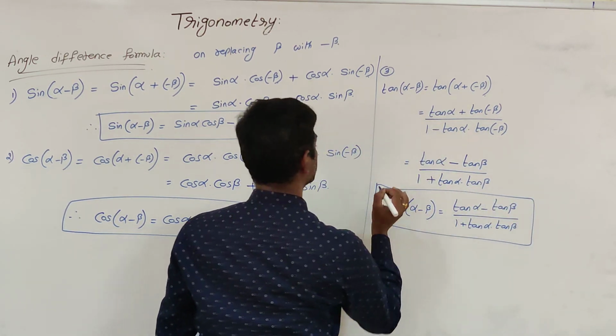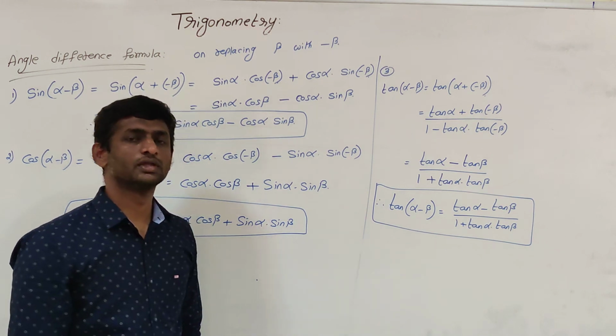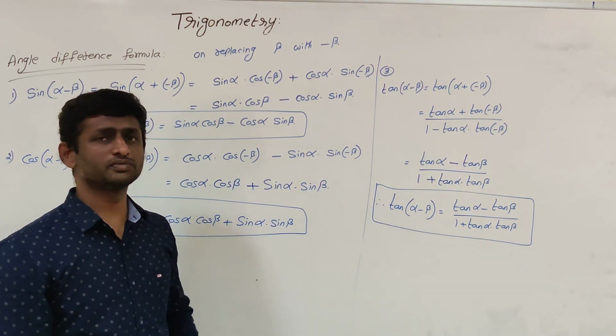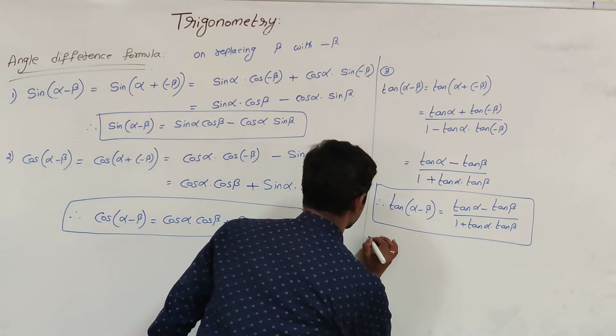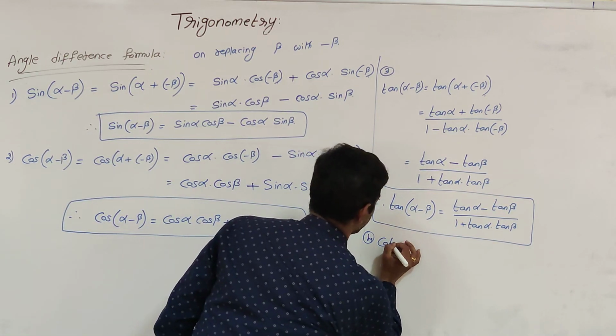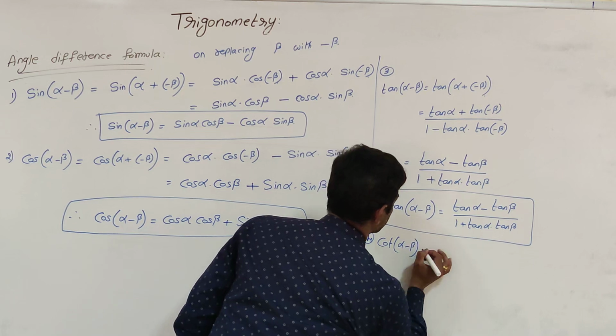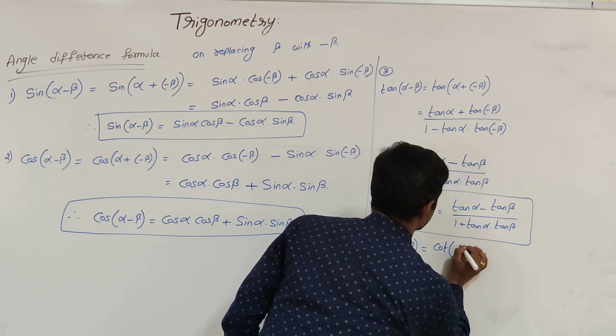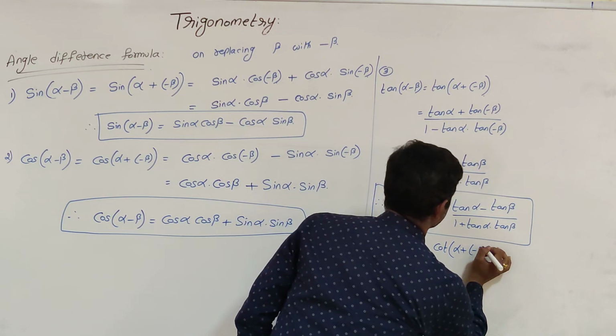So this is for tan of alpha minus beta. If you try for cot of alpha minus beta, directly I will be giving cot of alpha minus beta. What will it be? It will be cot of alpha plus of minus beta.